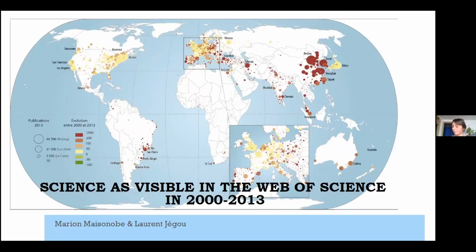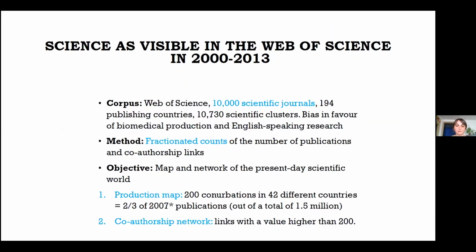Now I'm going to talk to you about the Web of Science, the contemporary science world. We looked at a database which is very popular in scientometrics, since it encompasses a lot of scientific journals, and so it's very useful to look at world science, although it has many biases. We used this information, and for each article in this database, we geolocalized all the addresses of the authors, and then aggregated them at the level of urban areas.